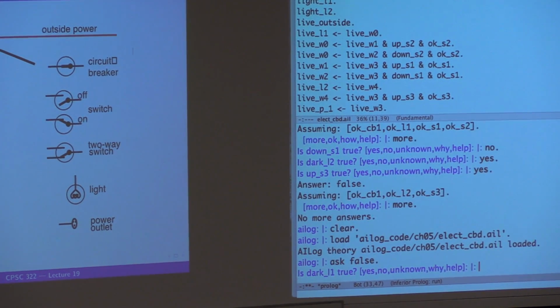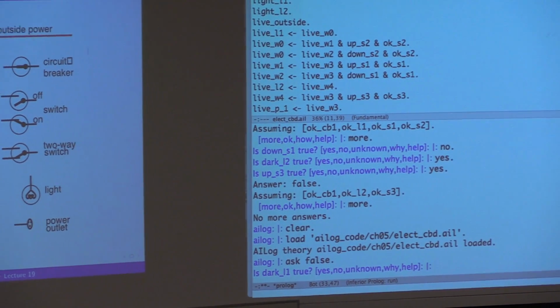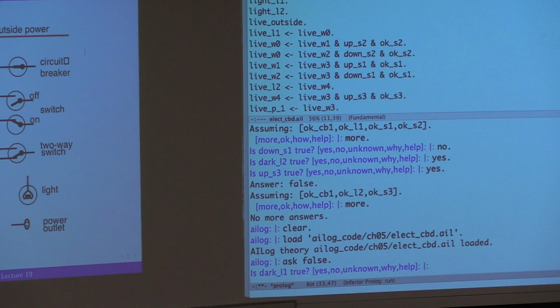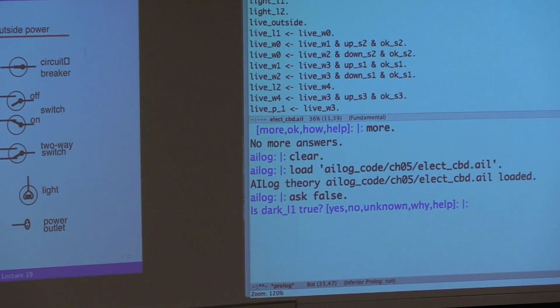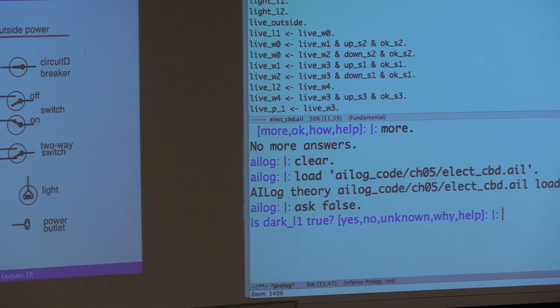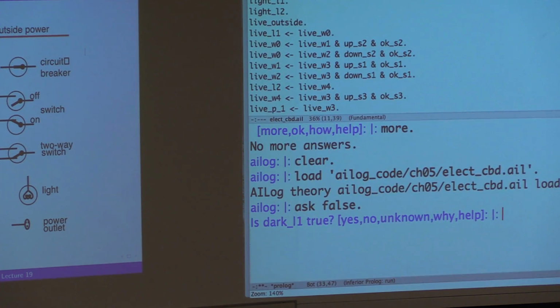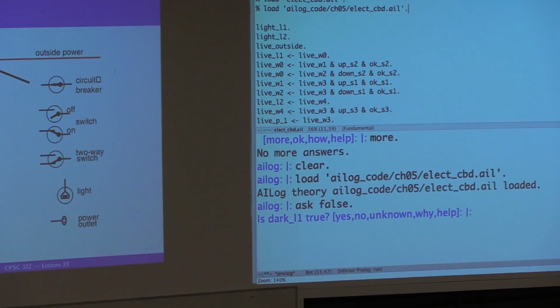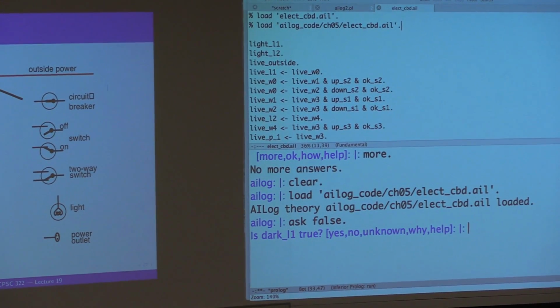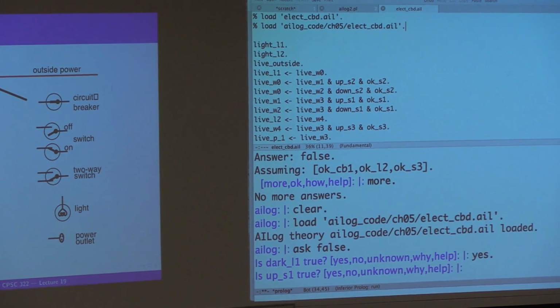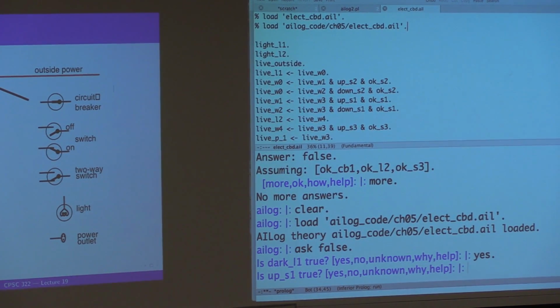Can you read that to make it bigger? I'll make it bigger. Is that better? Good. So what should I answer? What do you want to say?